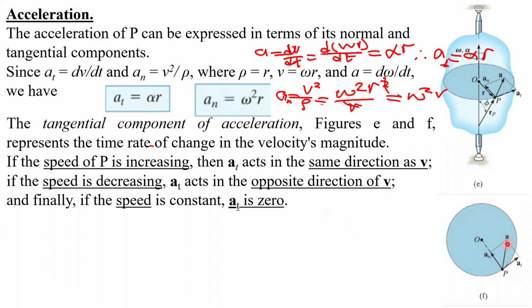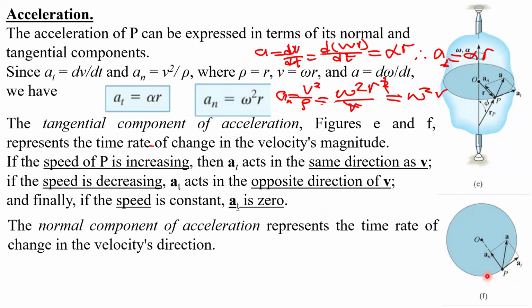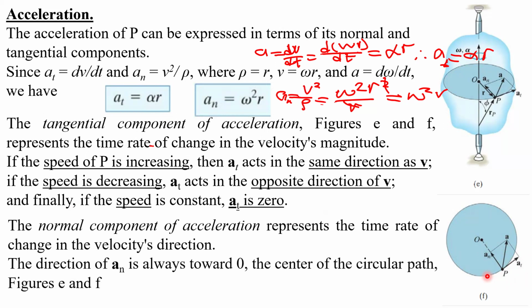Then A is the vectorial summation of the two components. The normal component of acceleration represents the time rate of change in the velocity's direction. The direction of normal acceleration is always towards O, the center of the circular path, or towards the center of the curvature.